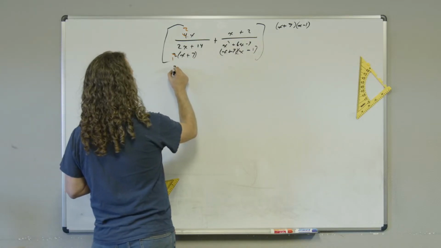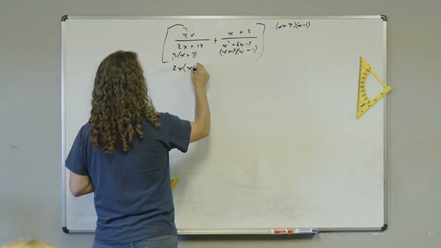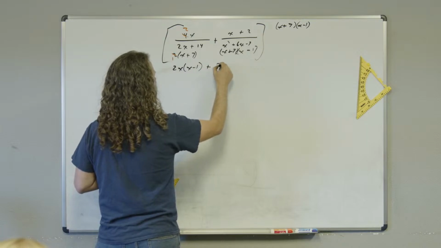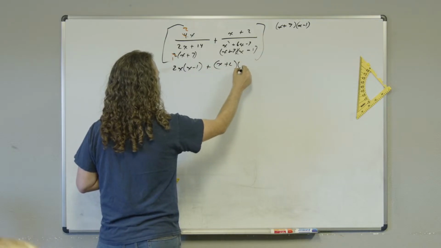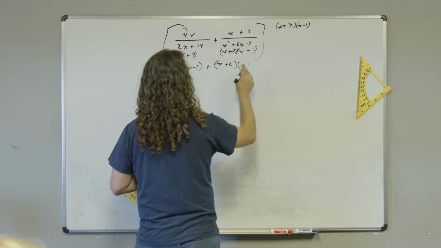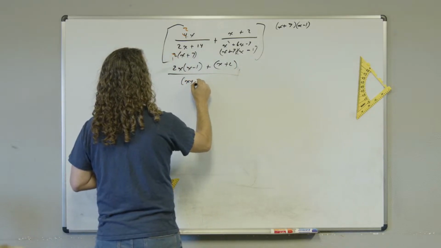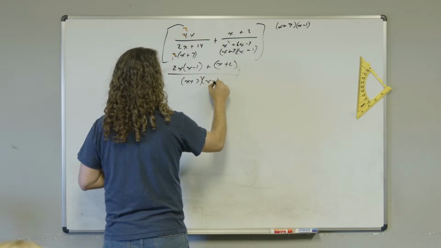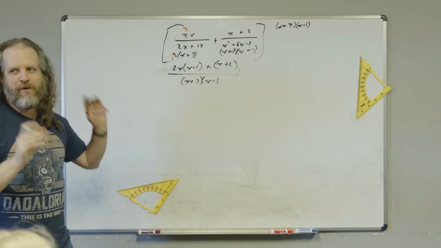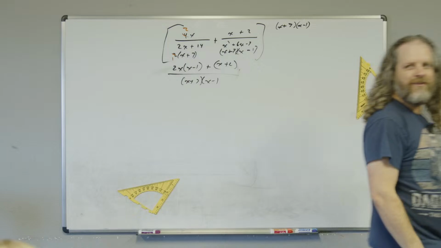So then we have 2x times x minus 1 plus x plus 2 times nothing, over x plus 7 times x minus 1. And then we distribute that and keep on going.